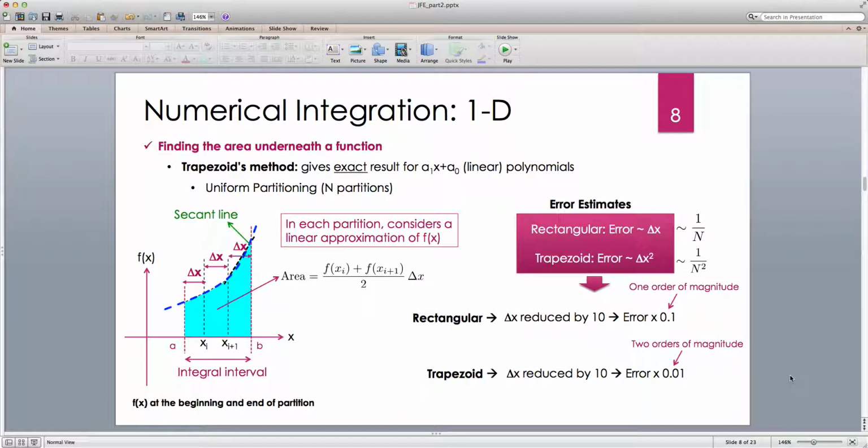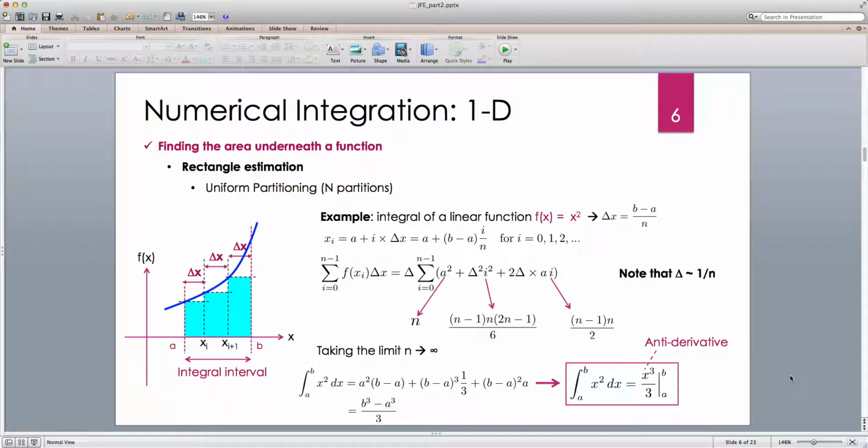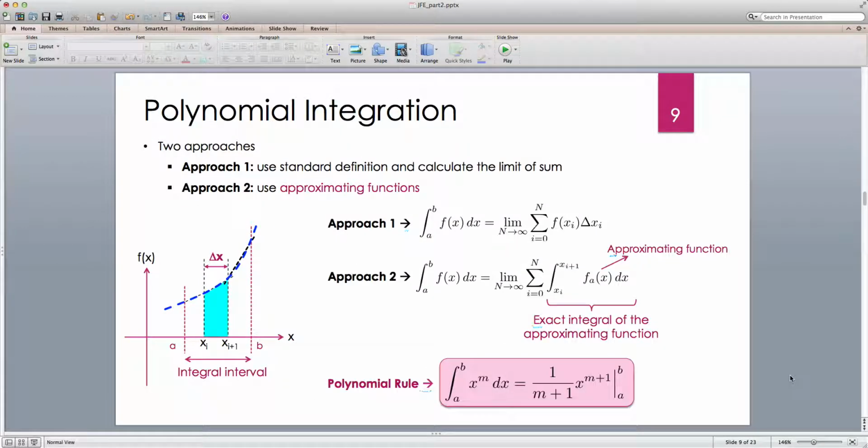So one last thing about polynomials is that I'm going to jump ahead, but I'll come back to this again later. In general, we can show that the integral of a polynomial of any arbitrary order m, remember for polynomials m is 0, 1, 2, 3, etc., right? From a to b, a polynomial has a very nice antiderivative.